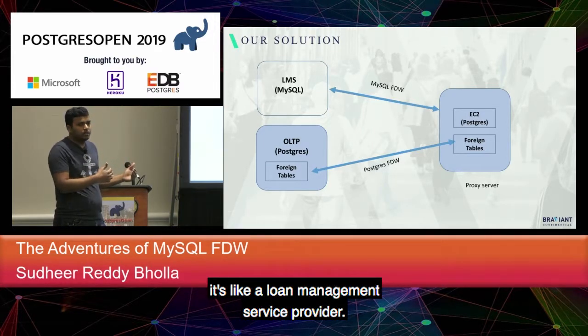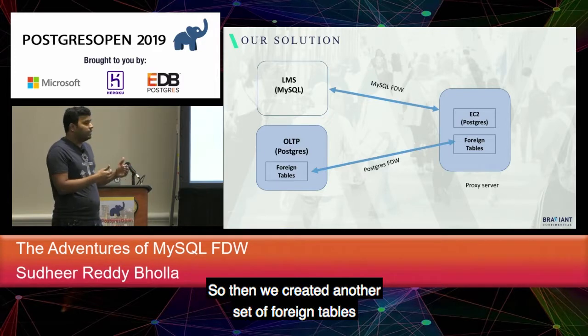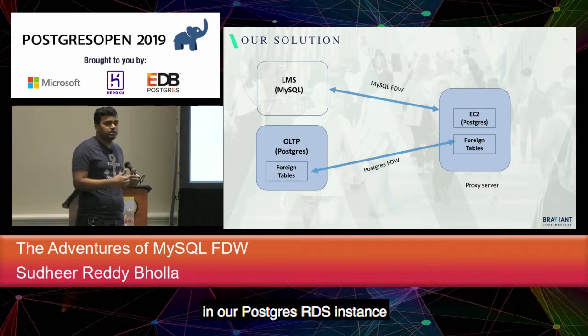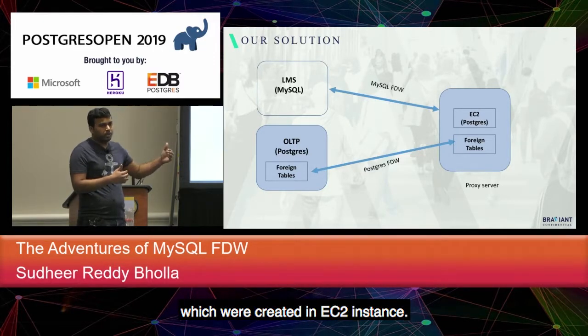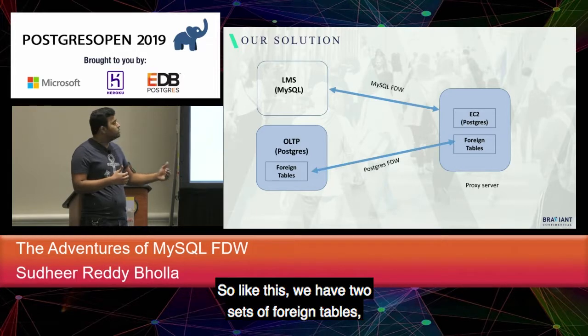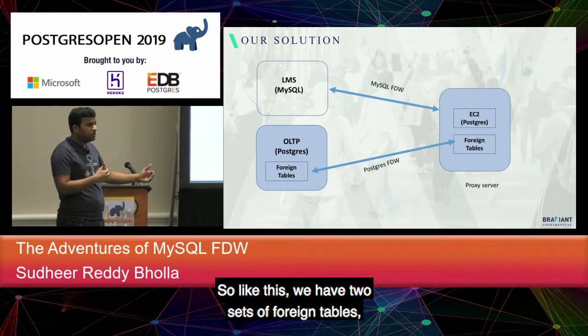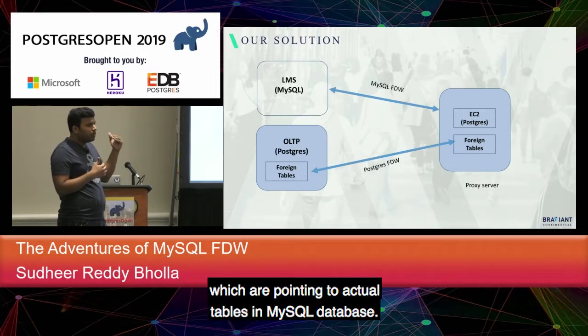It's like a loan management service provider. So then we created another set of foreign tables in our Postgres RDS instance, which are pointing to foreign tables which were created in the EC2 instance. So like this, we have two sets of foreign tables which are pointing to actual tables in the MySQL database.